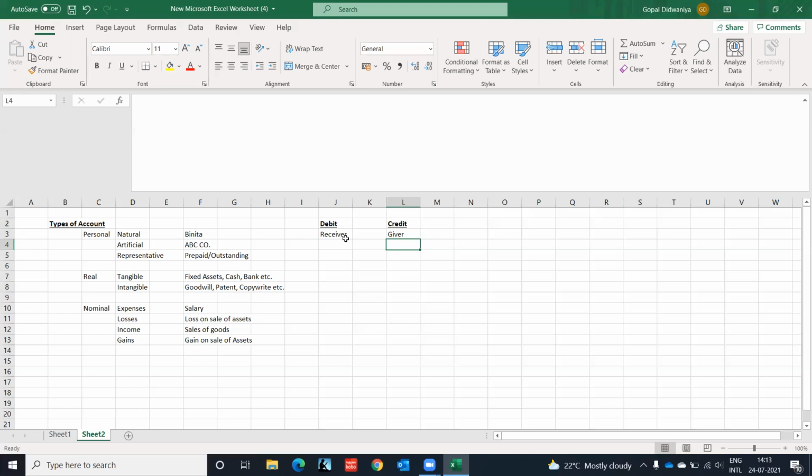Say I am an organization, or maybe I can take Gopal. Binita is paying to Gopal, or Gopal is paying to Binita. Who will be the receiver? Who will be the giver? Here we say Binita is the receiver, Gopal is the giver. So Binita's account will be debited. Whose account will be credited? Gopal's account will be credited. But you need to understand this perspective.